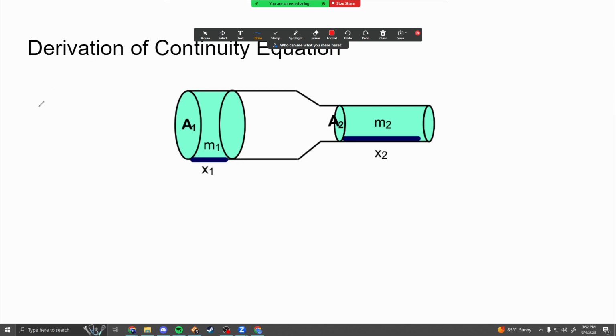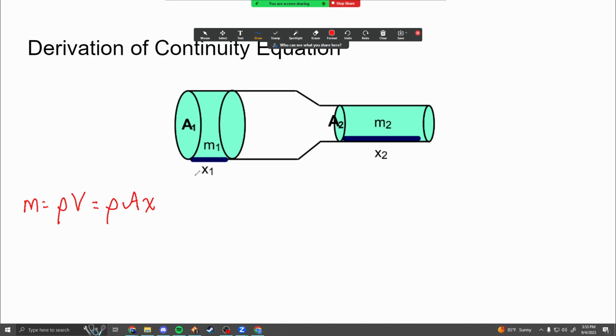So we know our first thing, that mass is equal to density times volume. And if I look at my bottle here, I can also say, okay, well, I know that volume is going to be the area times one of these distances, x. So I'm going to actually write this as Ax, and it'll make sense why I do that shortly.